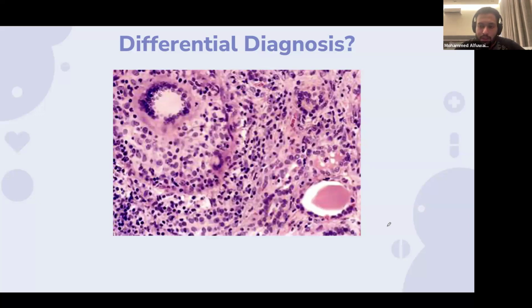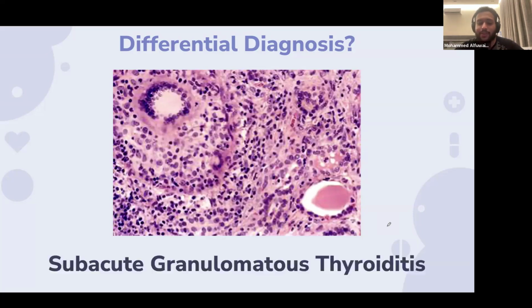Now, for this one, they have signs and symptoms of hypothyroidism plus a painful thyroid. What do they have? Painful. Key term, painful. De Quervain thyroiditis. Another name is subacute granulomatous thyroiditis. From the name, subacute happens 2 to 4 weeks after an infection.